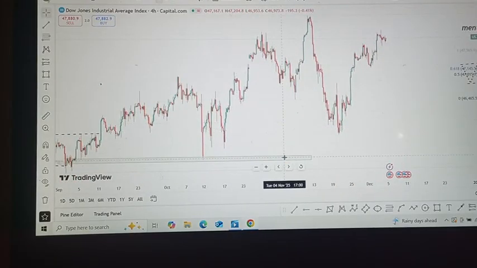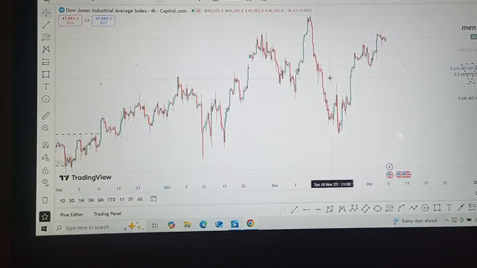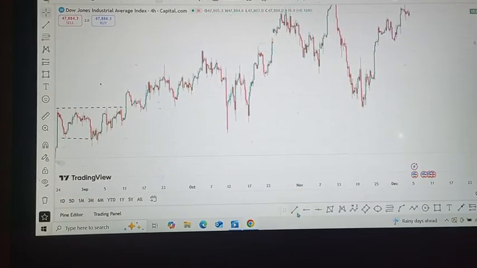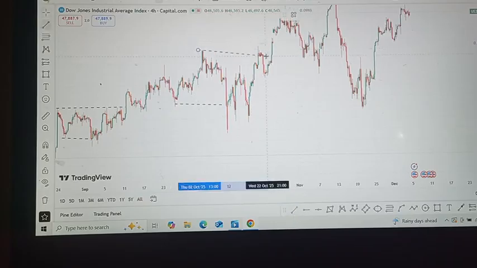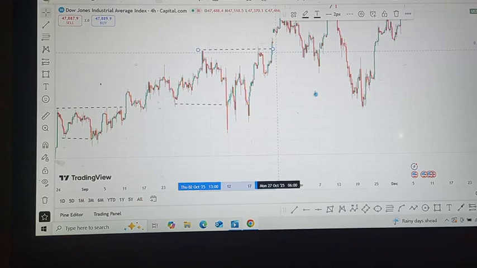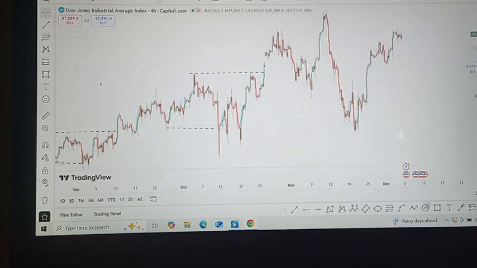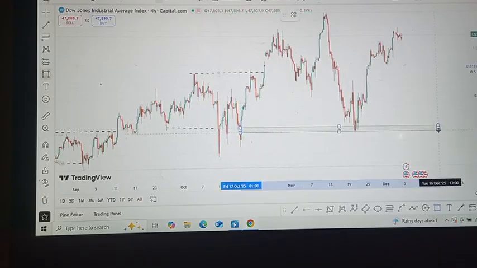What actually happened there is, reading from market structure, we saw a sweep, then a break, then market came to the discount region, then bought.